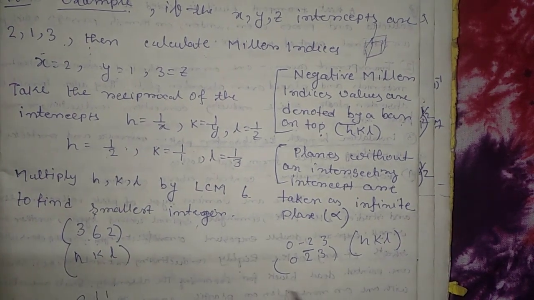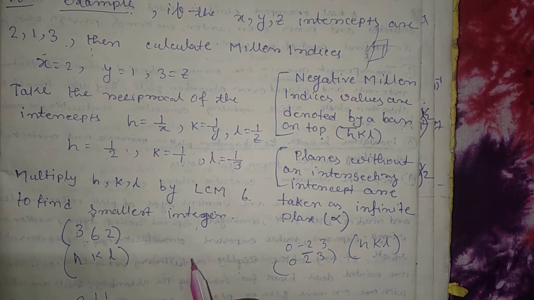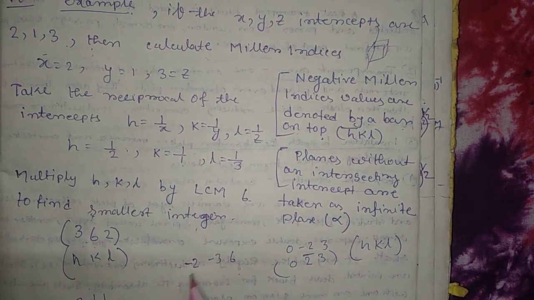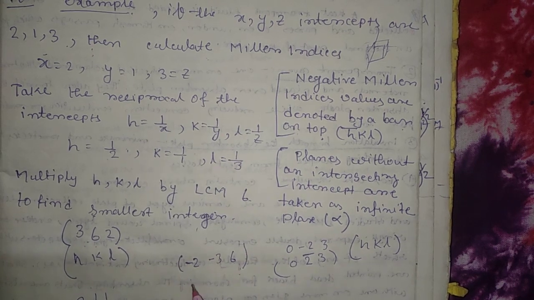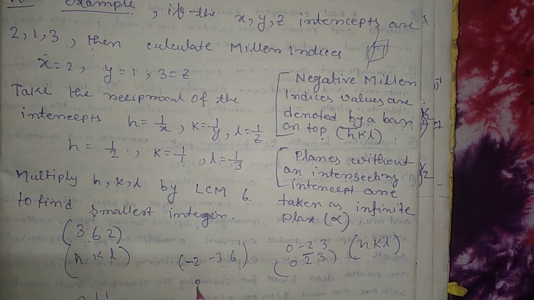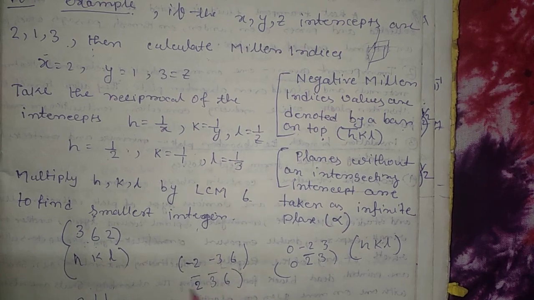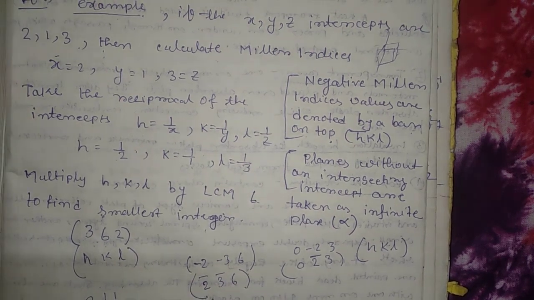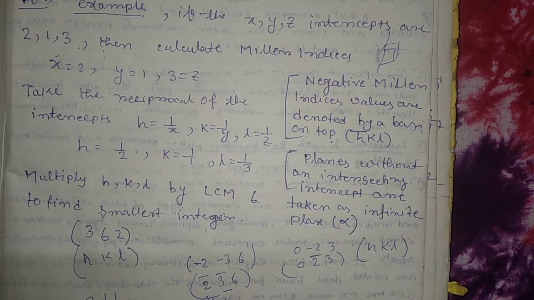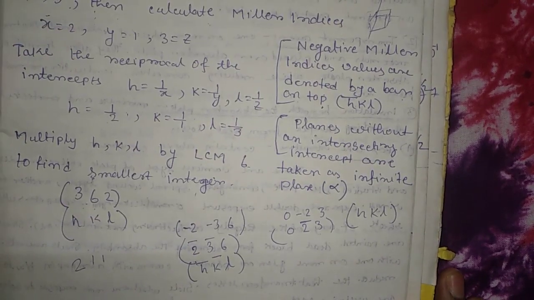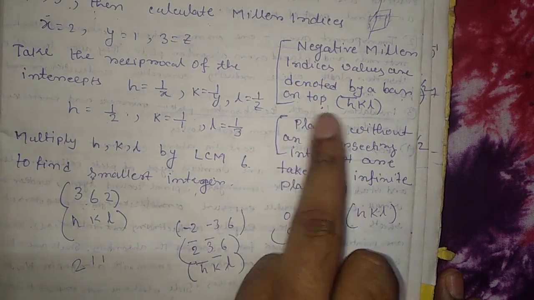Now suppose the Miller indices are given as -2, -3, 6. That will be written as 2 bar, 3 bar, 6, or h bar, k bar, l, because negative Miller indices values are denoted by a bar on top.